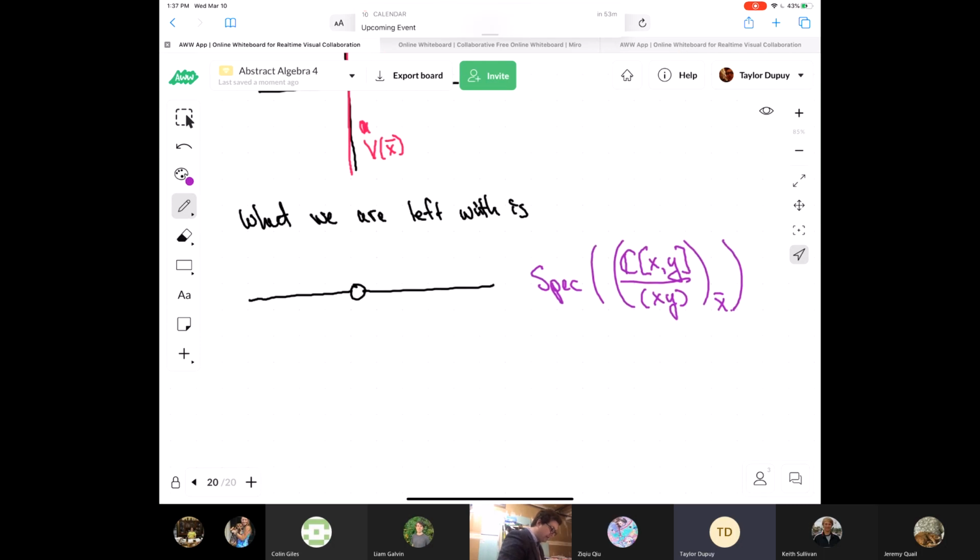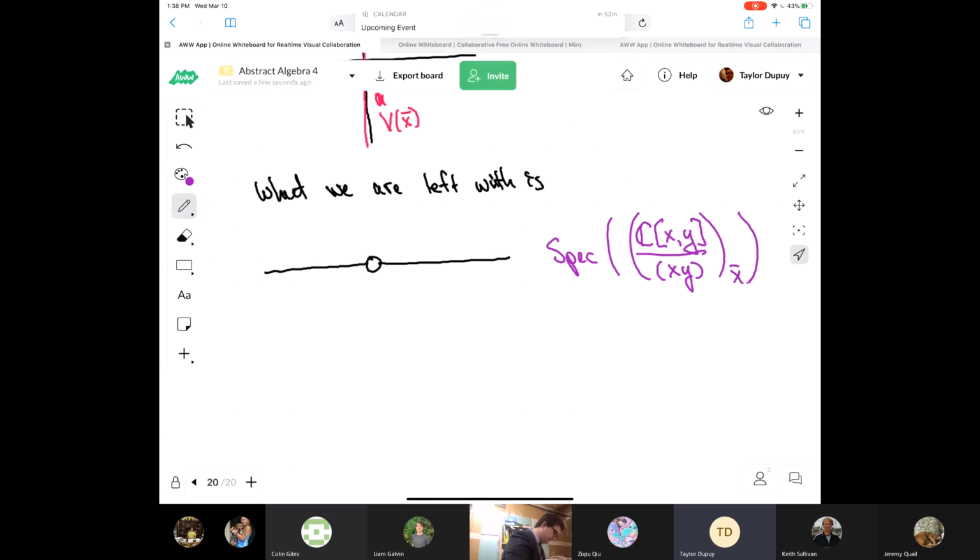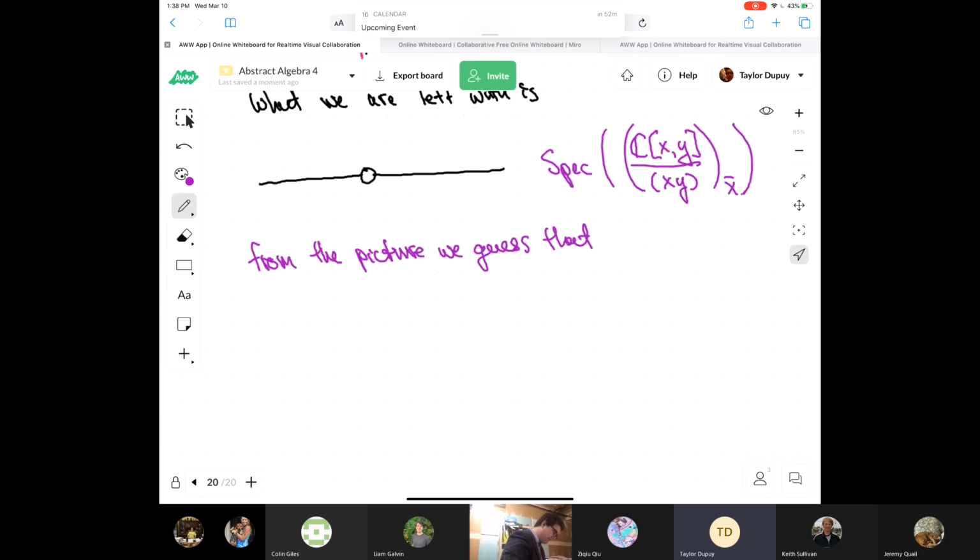It should just look like the x-axis with the origin removed. So the guess, from the picture, is that this is what we get.